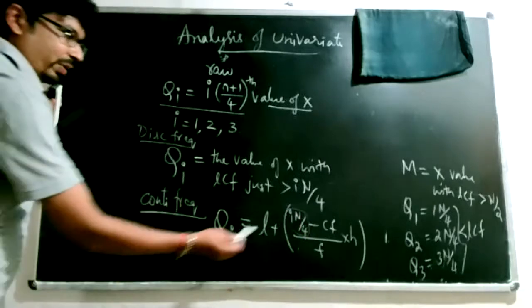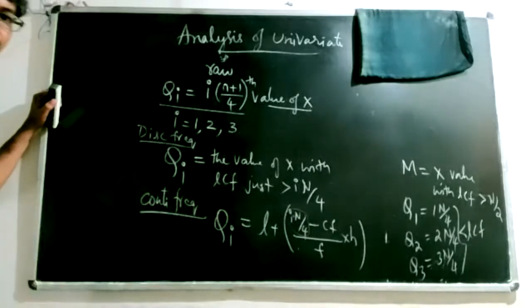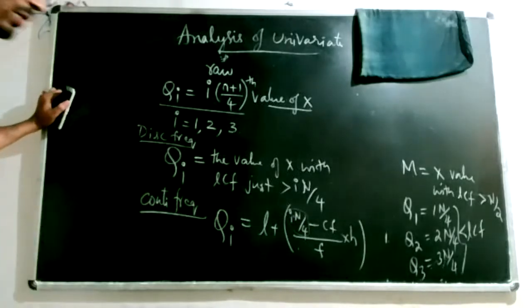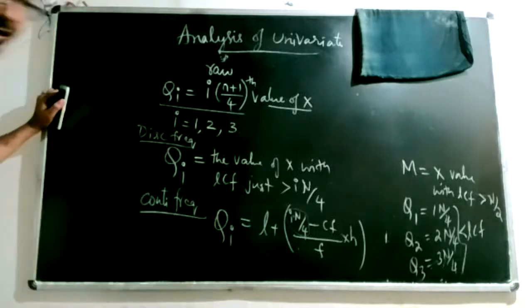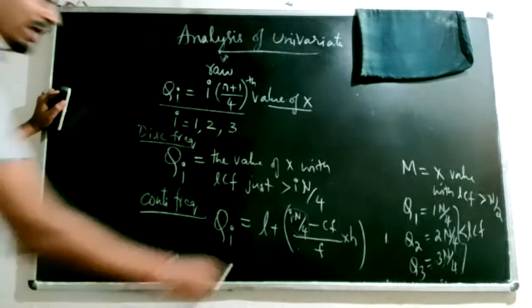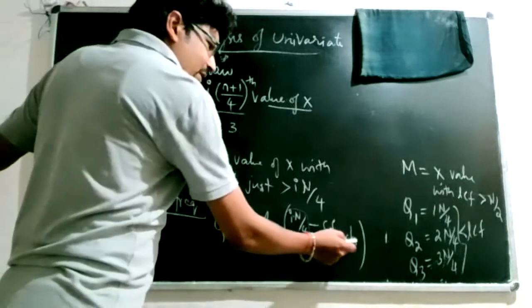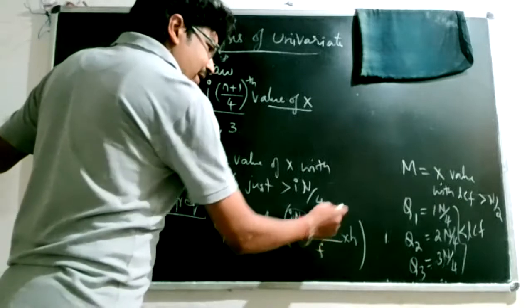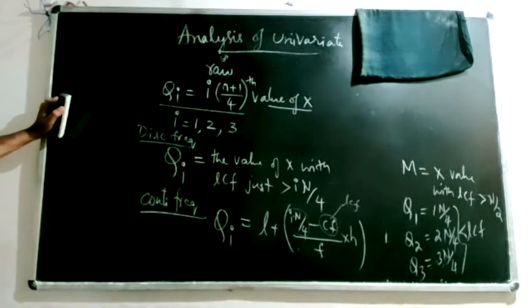Now if you want Q1, you will take this as 1n by 4, Q2 as 2n by 4, and Q3 as 3n by 4, and identify the respective class interval where that particular quartile value lies, and that will give you the lower limit, class frequency, class width, and this is the LCF of the previous interval. So by substituting the values, we obtain the values of quartiles.